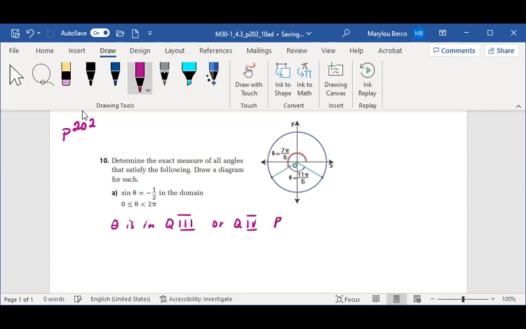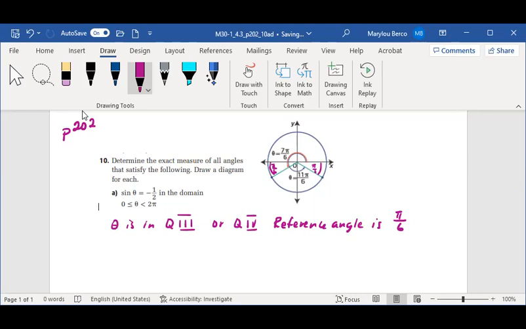The reference angle is pi over 6. So here we have pi over 6 and pi over 6 will be these reference angles.